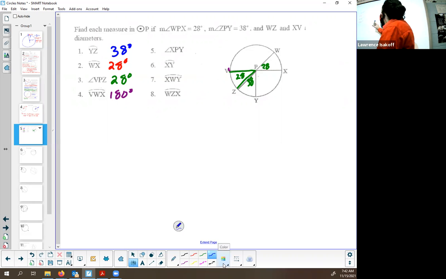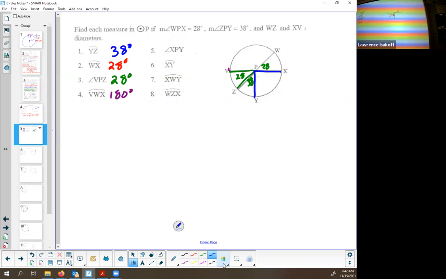Now this says I'm looking at angle XPY. We need to be careful here. What does this angle look like it is? Looks can be deceiving here.